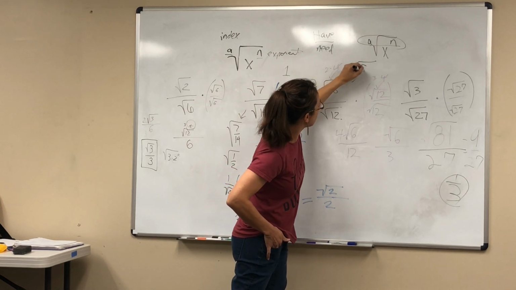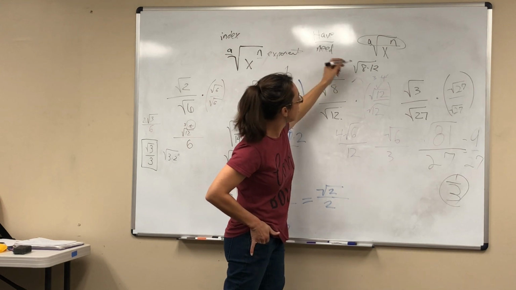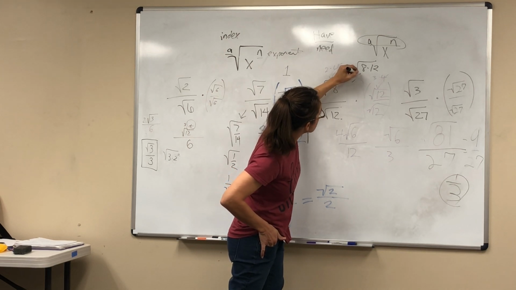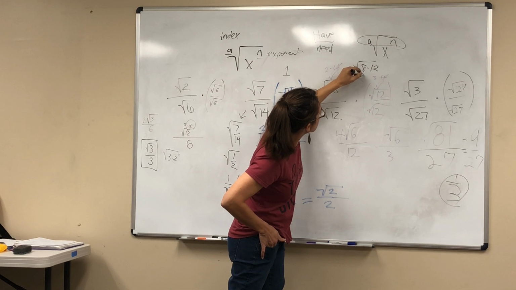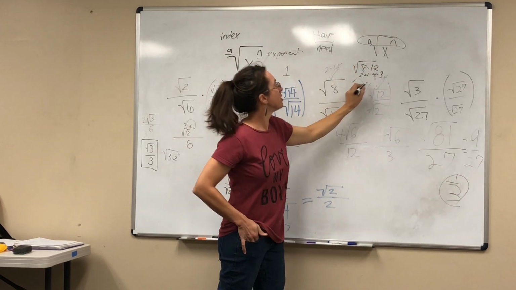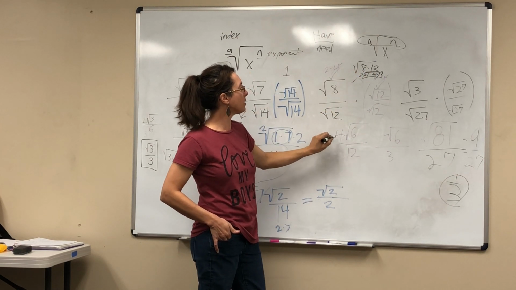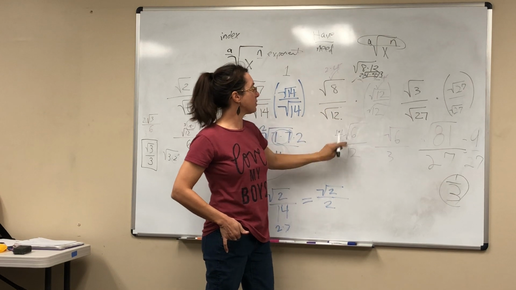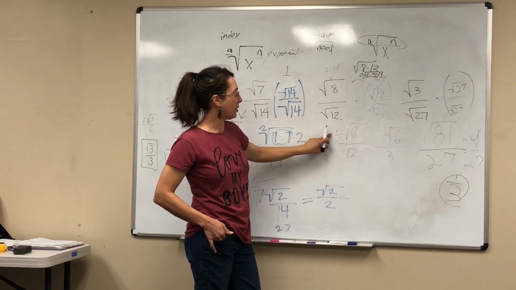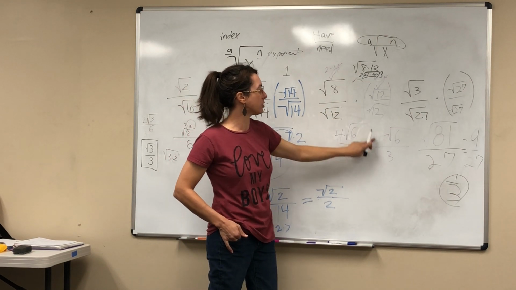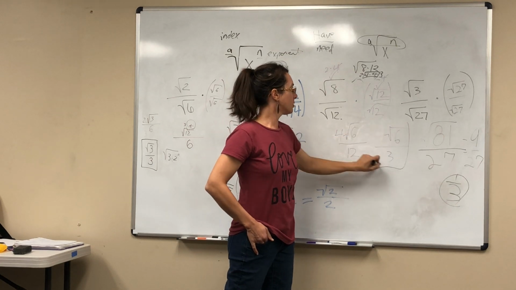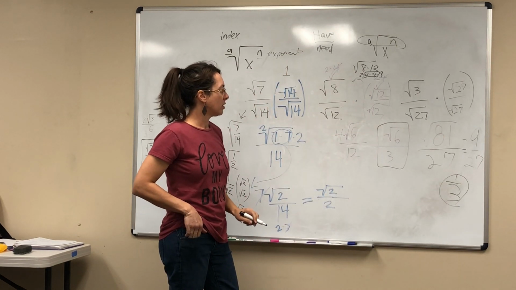So we have the square root of 8 times 12, which is 2 times 4 times 4 times 3. So here's a set, I've got 2 4s, pulled those out, 6 was left underneath. Now we have 4/12, which simplifies to 1/3. Square root of 6 over 3.